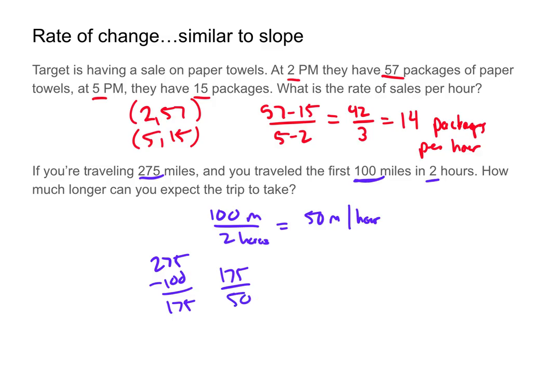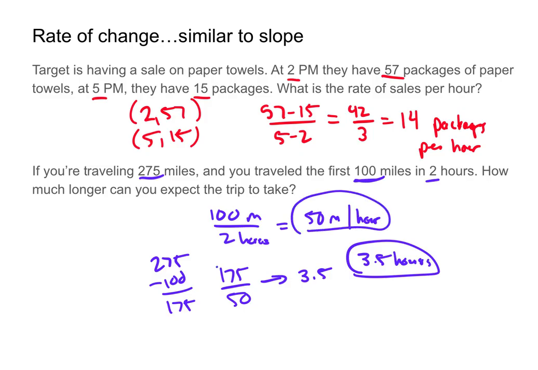So if I take that divided by 50, that's going to be 3.5. So that tells me that I'm going to take another 3.5 hours to finish that trip. So I figured out what my rate is. Then I figured out how many miles I have left, divided by my rate. That tells me how much time before I get there.